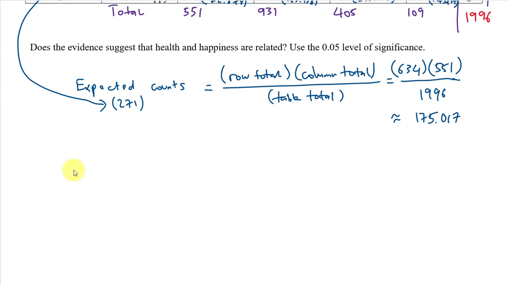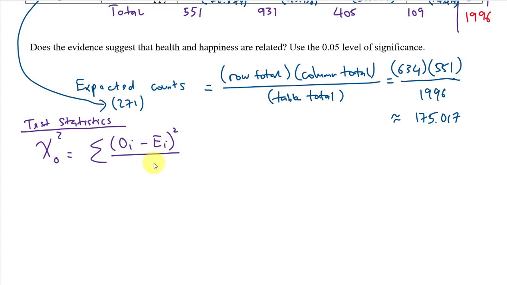The test statistic is given as chi-square equal to the sum of (Oi minus Ei) squared divided by Ei. The Ei here is the expected count in the i-th cell.